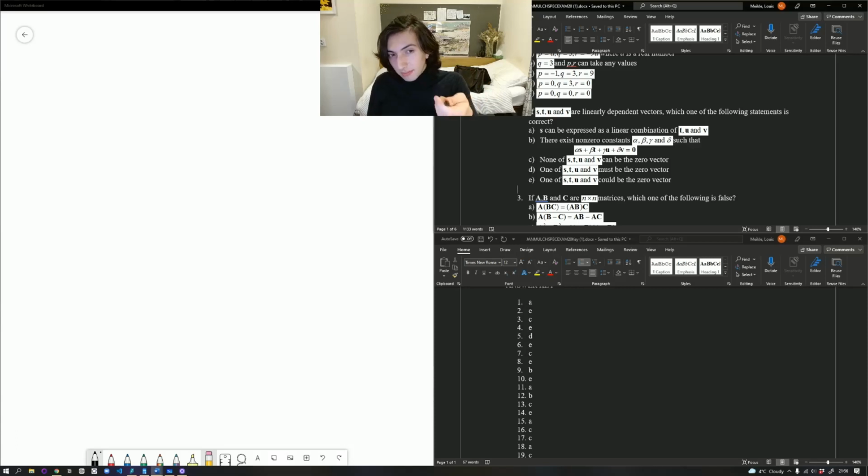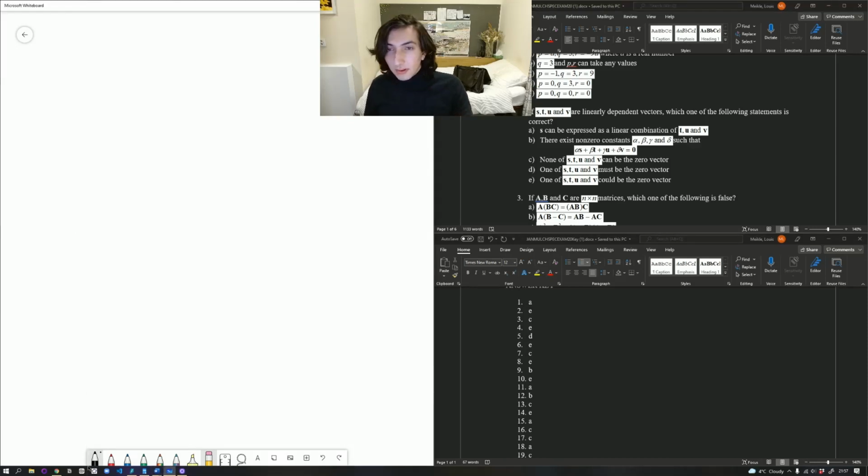The second one is what most people go for. And this isn't exactly perfect, mostly because most people think this is the definition, but this isn't specifically correct. You guys know that for linearly dependent vectors, you want values of alpha, beta, gamma, and sigma here to essentially not be 0, and then you're going to get something that equals 0.